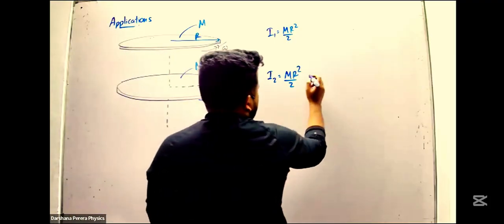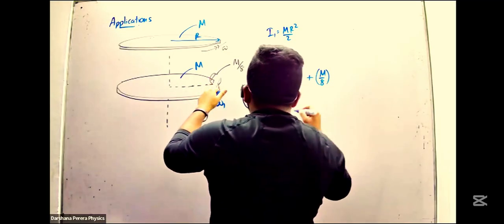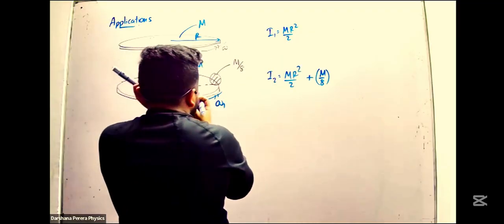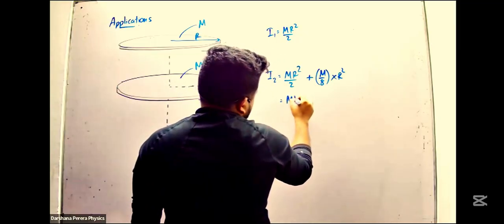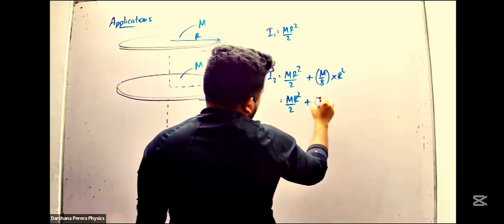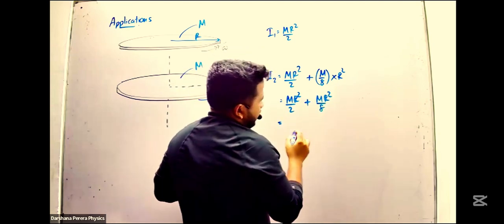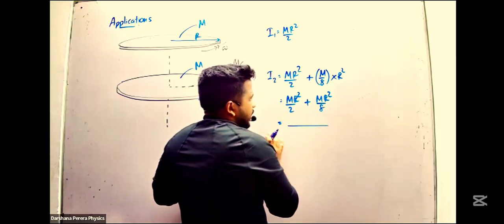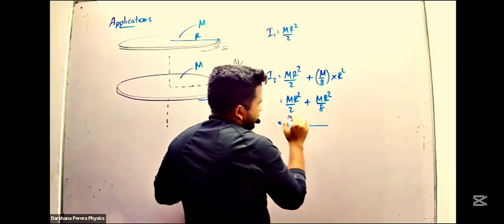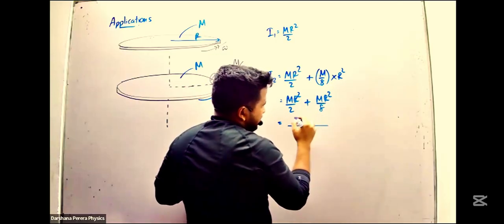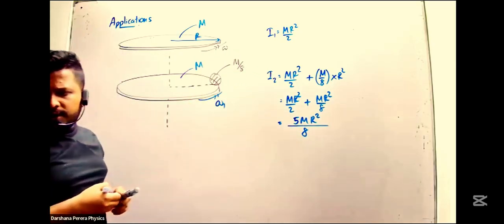That means we have to add M over 8 times R square: M R square over 2 plus M R square over 8. Taking 8 as the common denominator, this is 4 M R square plus M R square, which is 5 M R square over 8.